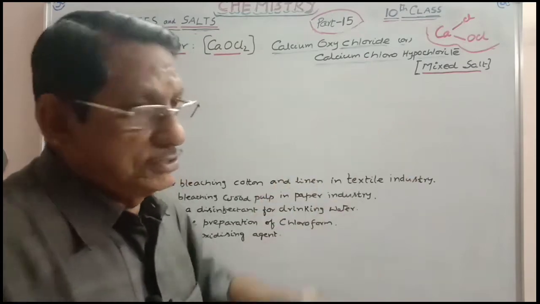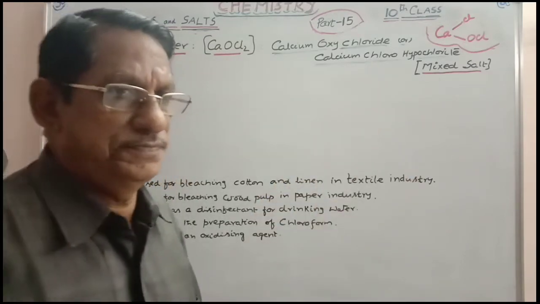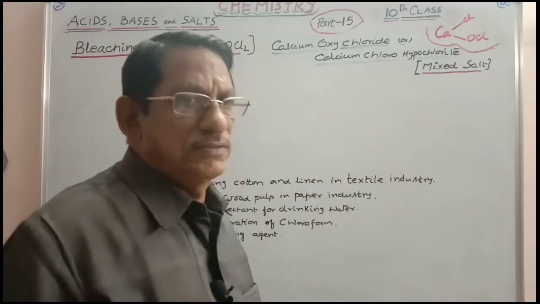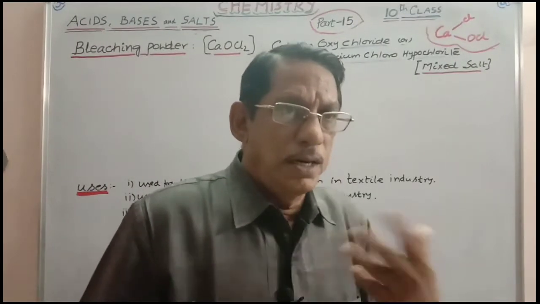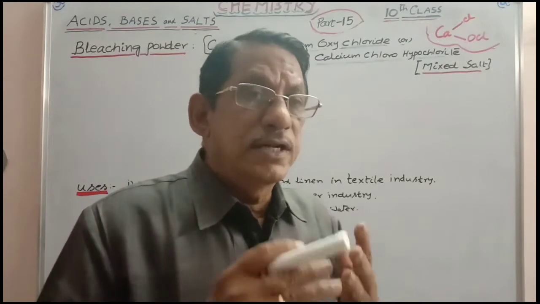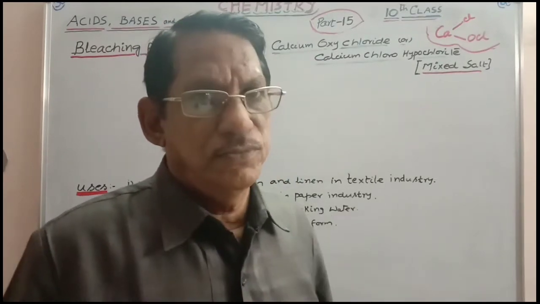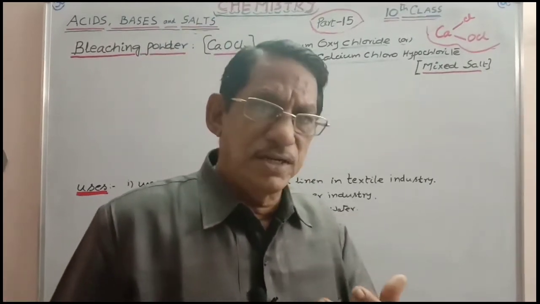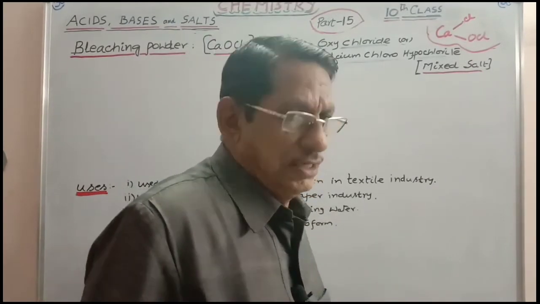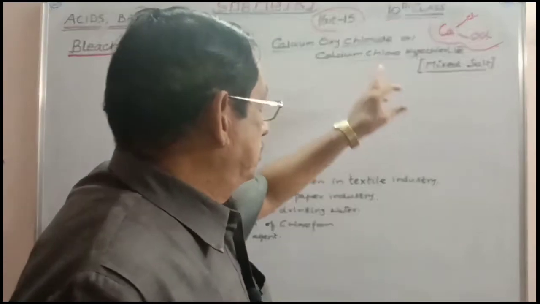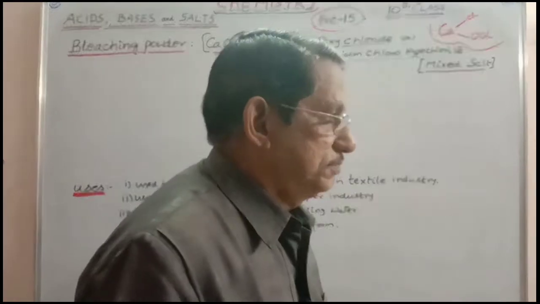It was mentioned as mixed salts. A mixed salt is one which contains one type of cation and two types of anions, or one type of anion and two types of cations. The examples were also given, and this was one of the examples given there.